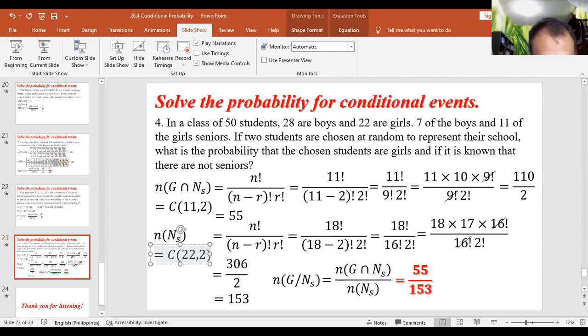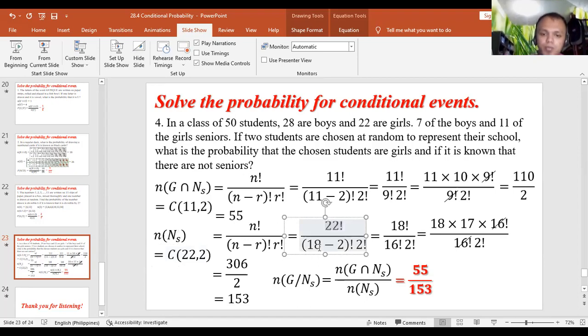Tama ba? Ang hindi senior. Wait. Let me check. Okay, tama naman. Tama, 18.